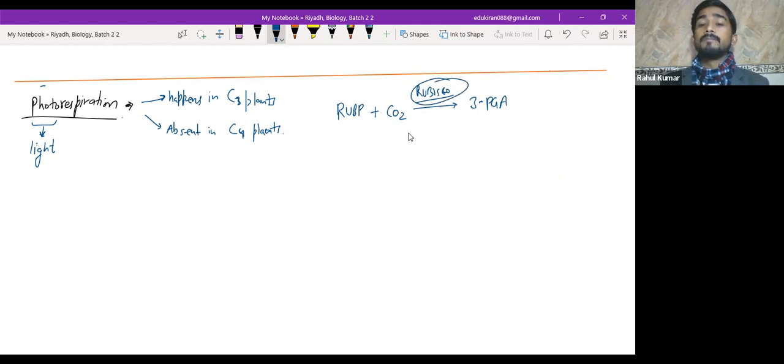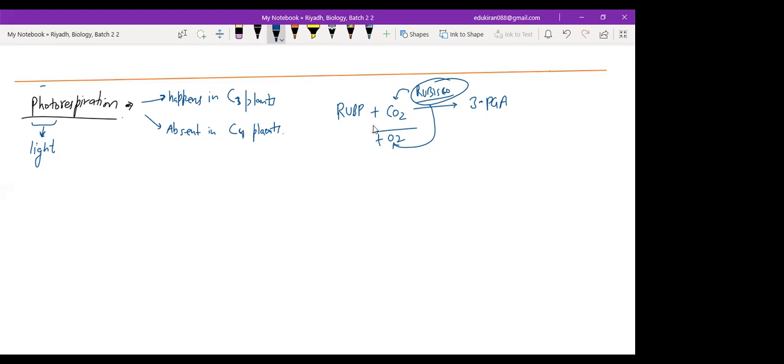Now, Rubisco can also do more than carboxylation. It can also add oxygen to RuBP if oxygen is available in higher quantity. Remember, I told you it's a dual enzyme. It is capable of doing both carboxylation and oxidation of RuBP. Clear, everyone? Yes, sir.